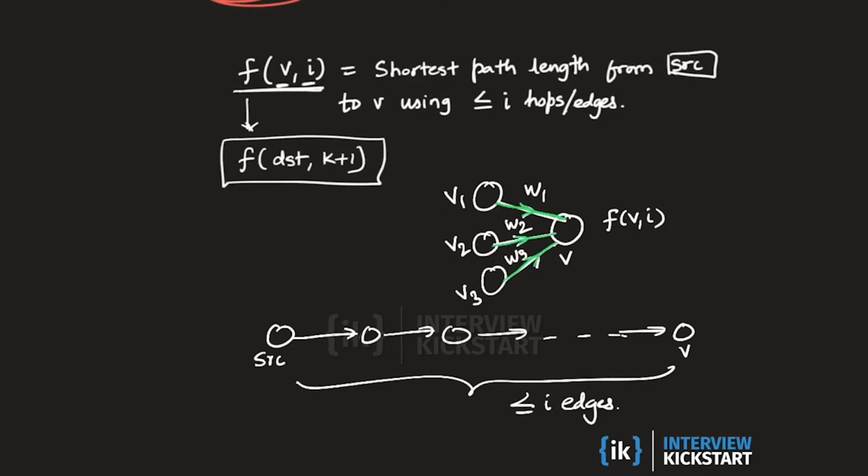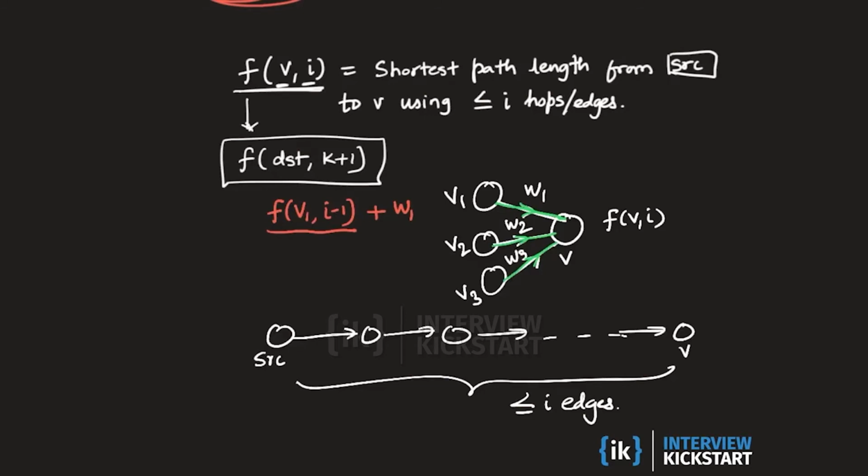If the shortest path came from v1, then what would be the value of f of v comma I? It would be f of v1 comma I minus 1 plus w1. Why is that? Because this value is the length of the shortest path from the source to v1 using less than or equal to I minus 1 edges.